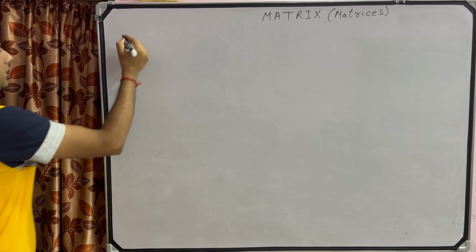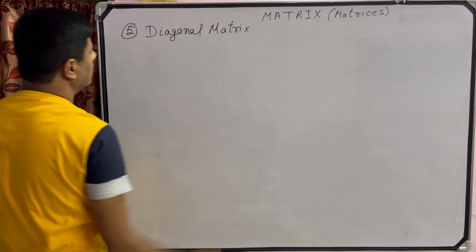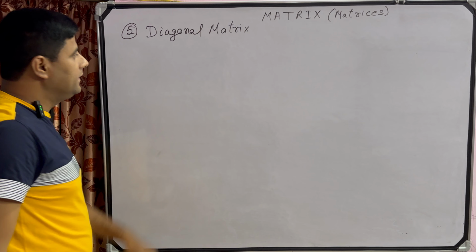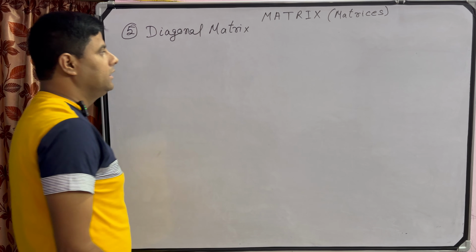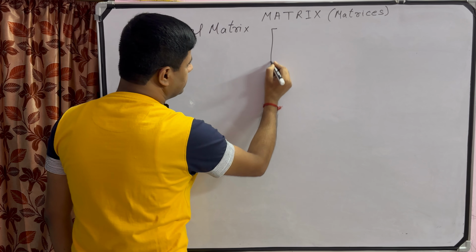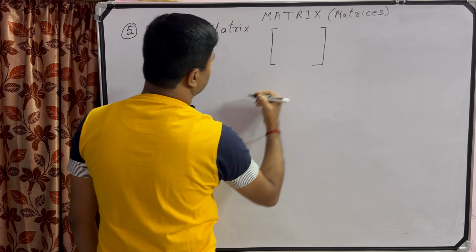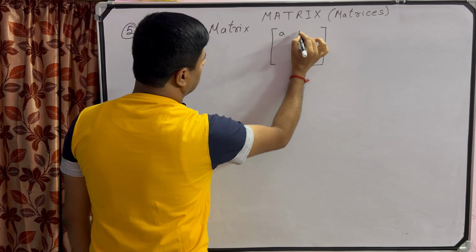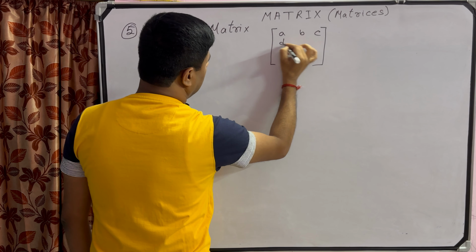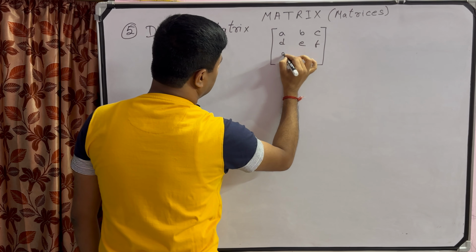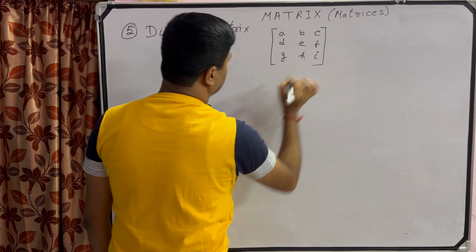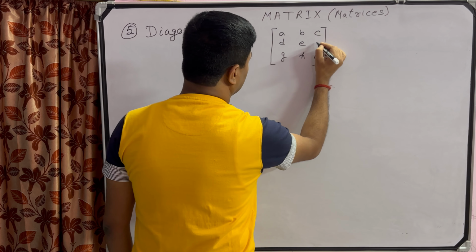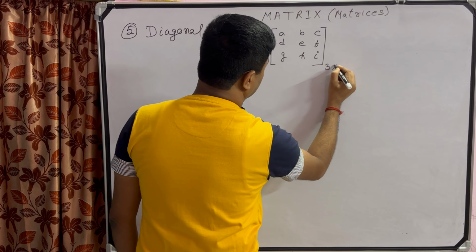Let's talk about diagonal matrix. A diagonal matrix is a type of square matrix. But before we start, we need to understand what a diagonal in the matrix is. So suppose I am writing a matrix like A, B, C, D, E, F, G, H, I. This is a square matrix, of 3 cross 3 order.